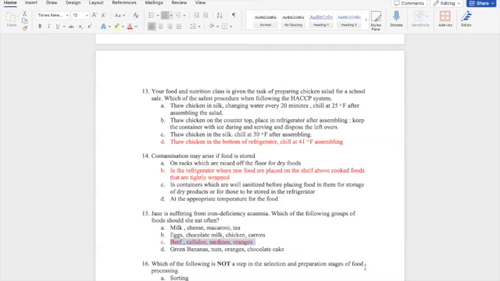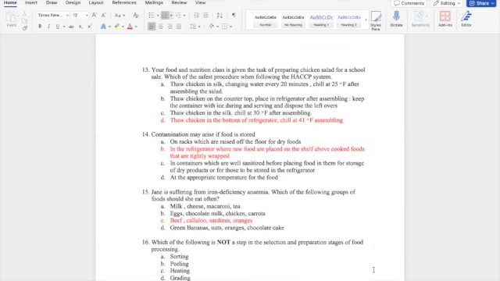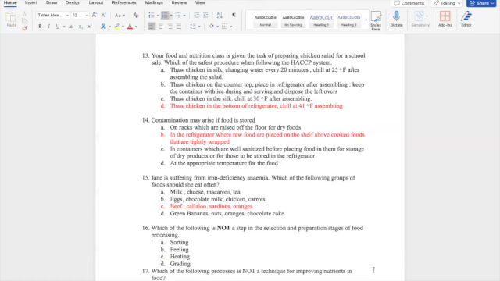Okay. All right, let's go to number 16. Which of the following is not a step in selection and preparation stage for food processing? So eating. And that should be the answer. All right, number 17. Let's go down so we can see properly.